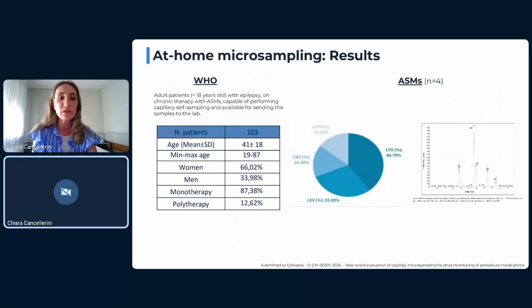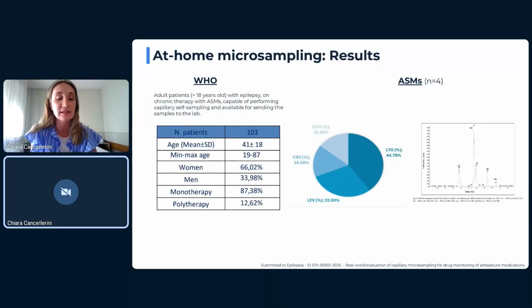What we saw in these results was the clinical application and the demographics of the at-home cohort. We included 103 adult patients still on chronic therapy with antiseizure medication. The population reflects the previous study, with a real-world age range from 19 to 87 years old. The majority this time were women on monotherapy.